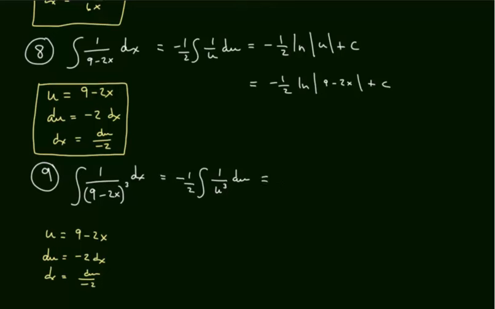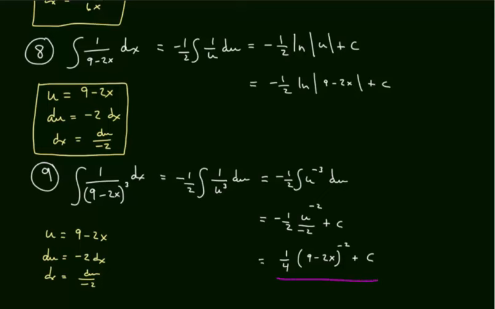And it's so easy to do this problem, but it's also easy to abuse the natural log. So what we're going to write is u to the -3 du. So this is just simple reverse power rule. -1/2 u to the -2 over -2 plus c, with answer in terms of x. No natural log, no abuse.